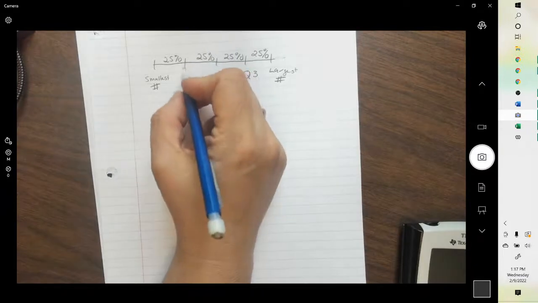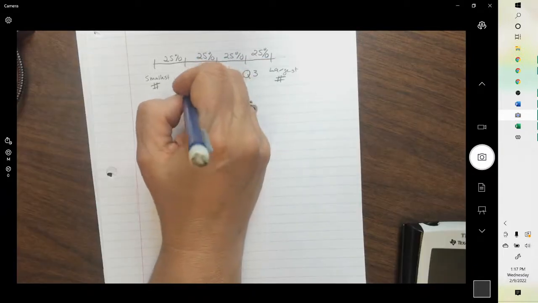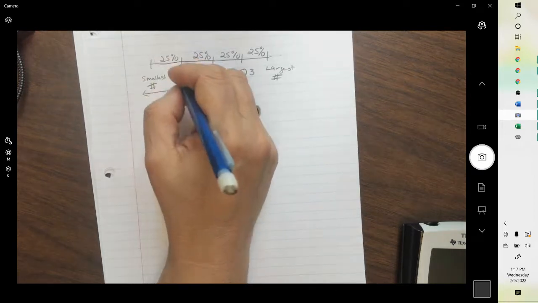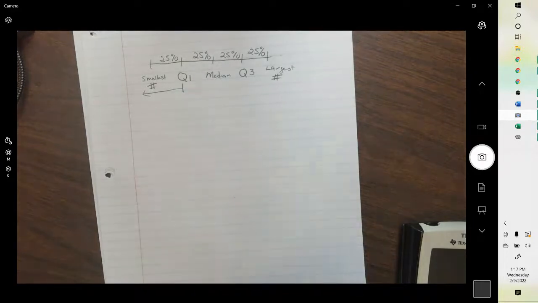If you're looking for Q1, or the lower quartile, 25% of the data is below it, so it's called the 25th percentile. When you're finding percentiles, it's the same thing: that's the percent below.